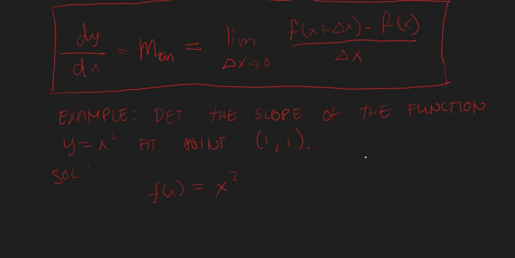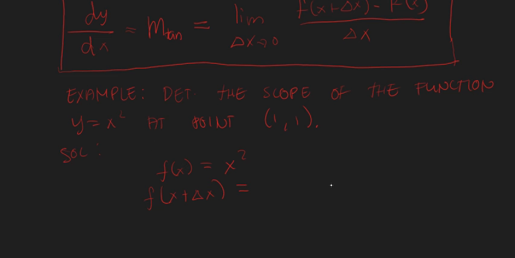Next, f of x plus delta x. How do we do this one? We just use the concept of combination and composition of functions in chapter 1. So we already did this one, so you should know how to do this. And this will be equal to, you just replace all the x with x plus delta x. So this will be x plus delta x squared.